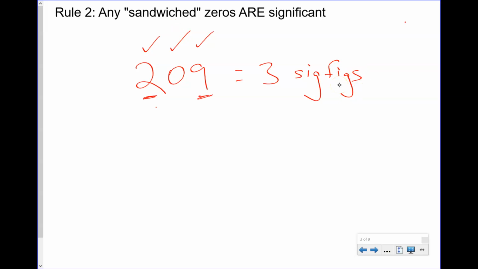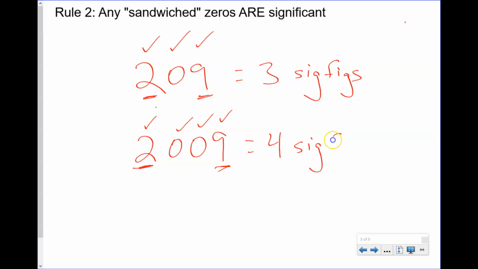Well, what if I had more than one 0 in there? The same rule applies. This 2 is significant according to rule number 1. This 9 is significant. And we've got 2 zeros in there that are sandwiched between 2 significant figures. So in this case, we would say that all of those are significant. So 4 sig figs. And that pattern continues.